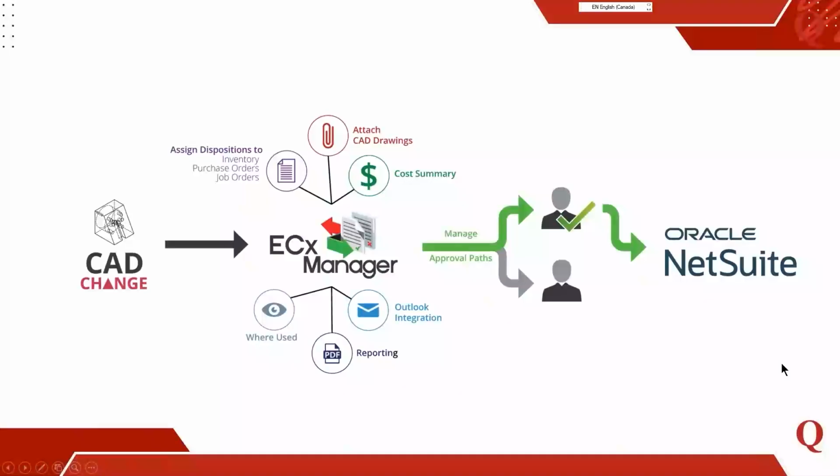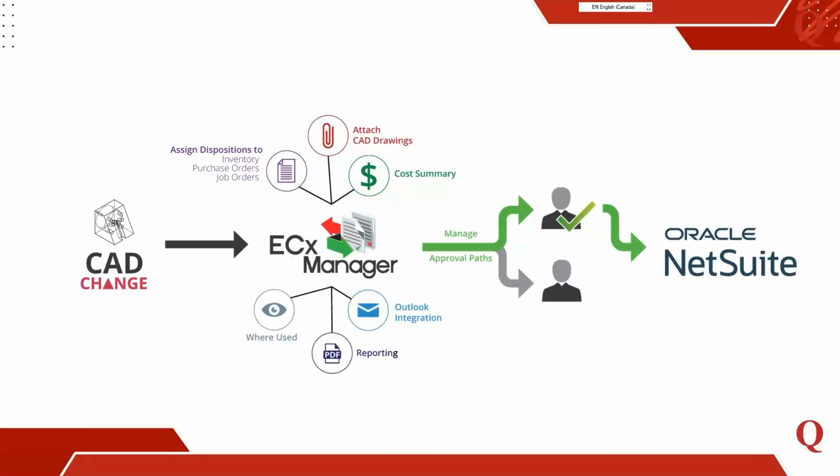So the point in the overall engineering to NetSuite workflow where ECx Manager comes into play would be right in between the CAD design and the change being committed to NetSuite. So as I mentioned earlier, shifting that time in the process of when that engineering bill of materials update makes its way over into NetSuite.